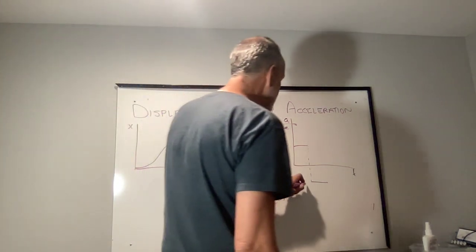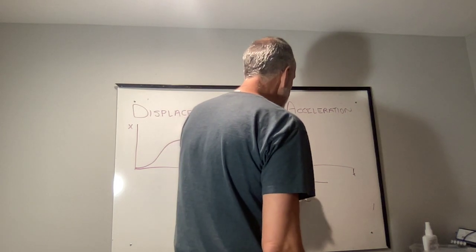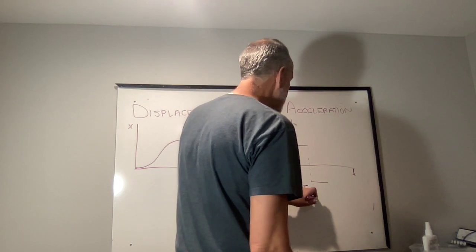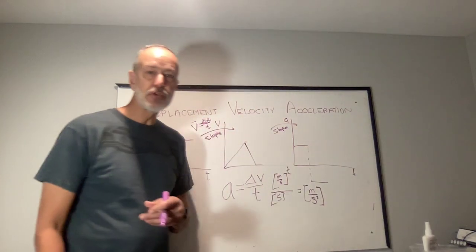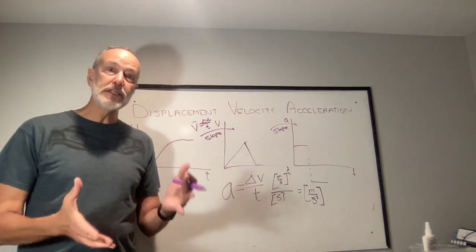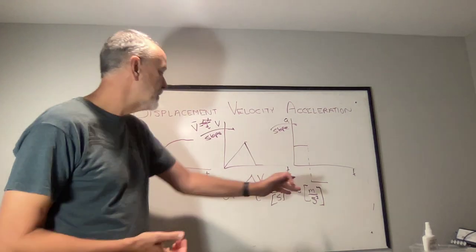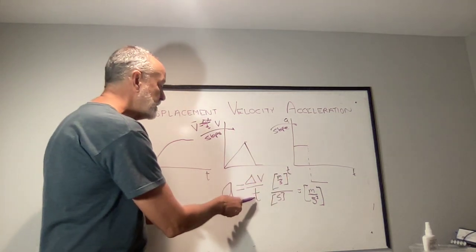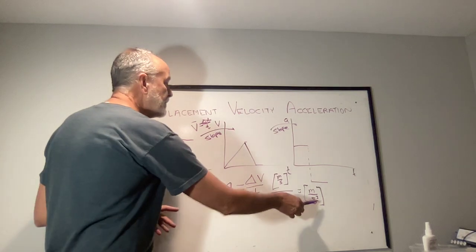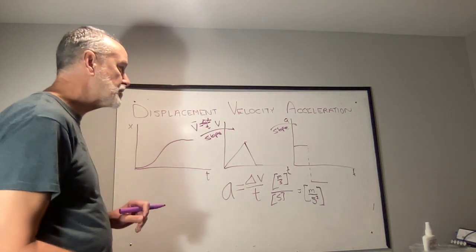But we tend to write that as meters per second squared. Meters per second squared is the traditional unit, the happy unit for acceleration. So acceleration is change in velocity divided by time, and we measure it in meters per second squared.